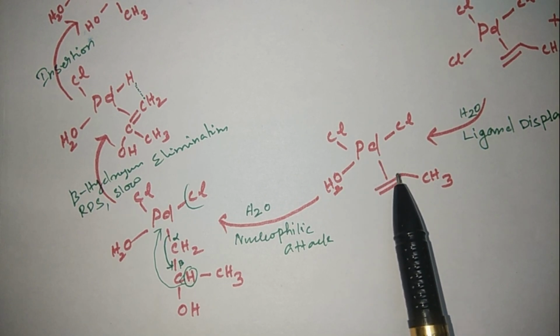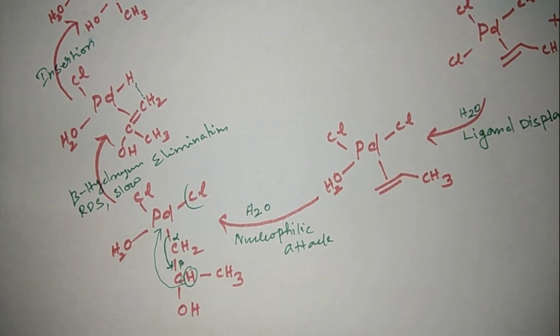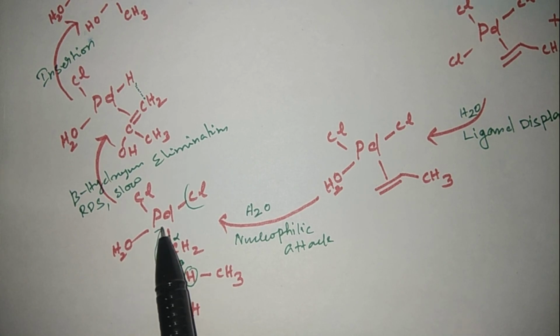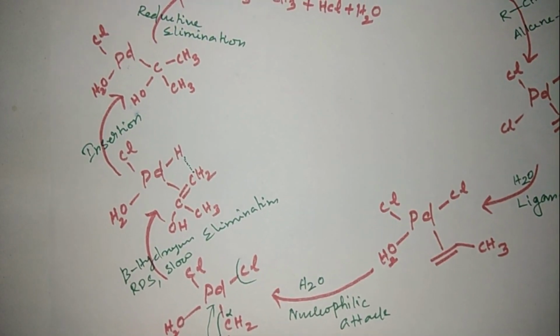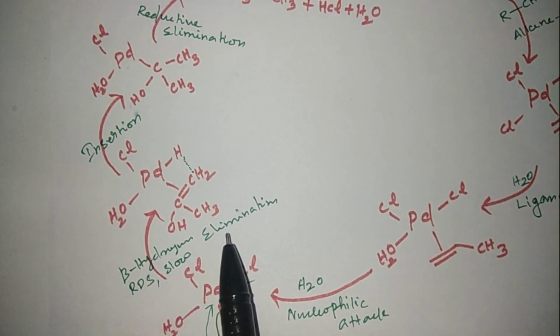A bond is formed between the palladium and this carbon. So we get a beta hydroxy palladium complex. This hydrogen is removed as hydride ion that will enter into the palladium and this Cl- ion is eliminated. From this step beta hydrogen is eliminated.